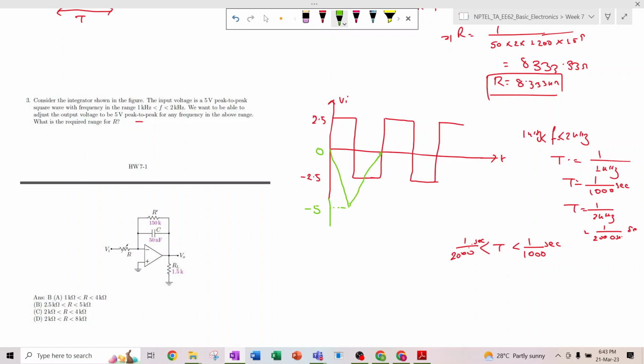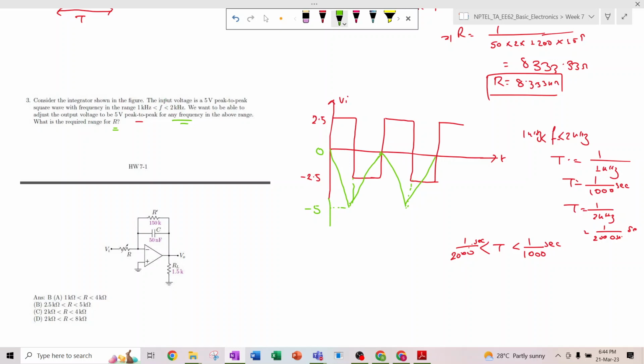In the next cycle it will again go to minus 5 and then back to 0, like that. We want to adjust the 5 volt peak to peak for any frequency between 1 kilohertz and 2 kilohertz. So what should be the value of R so that we can get 5 volt peak to peak for the entire frequency range?